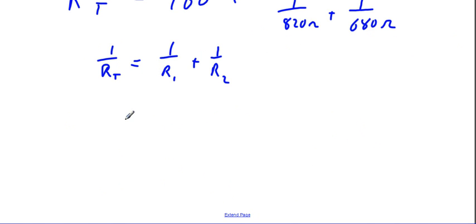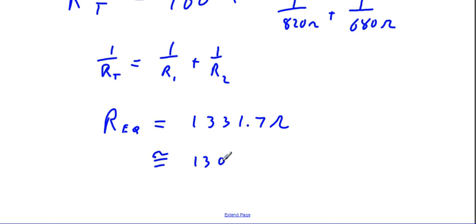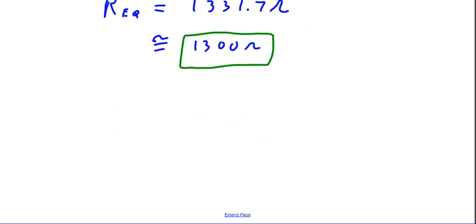Anyway, the equivalent resistance, also known as the total resistance, is 1331.7 ohms, but we only have 2 significant digits, so we'd probably round that off, and 1300 ohms would be good enough, because we only have 2 significant digits.